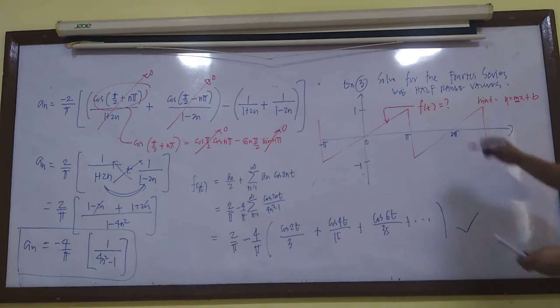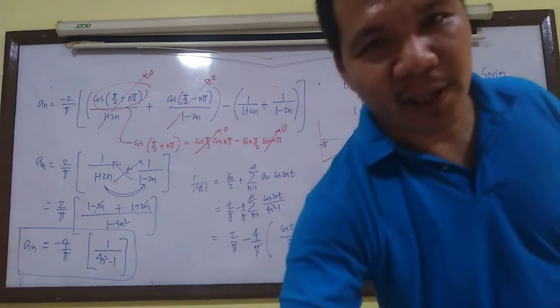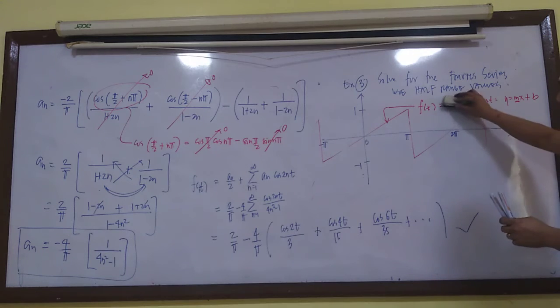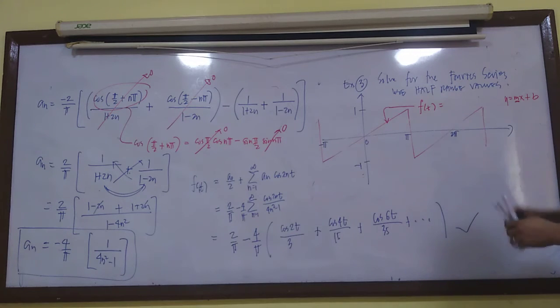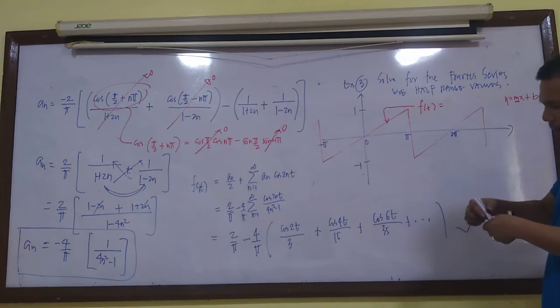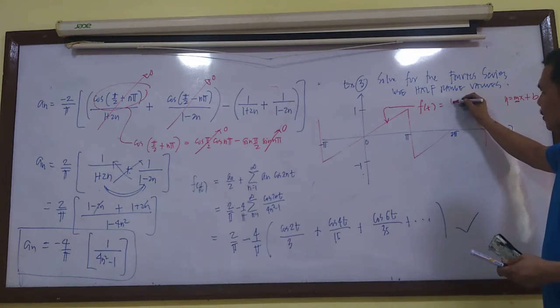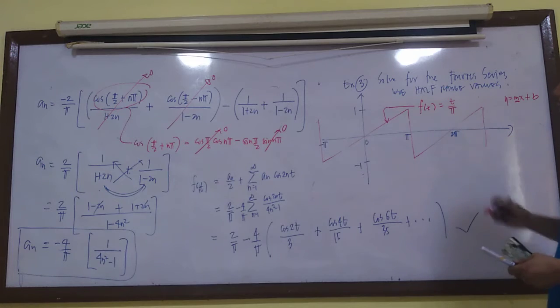So therefore, since this is only a practice, I will just give this data. Your function of t is rise over run. In this case, your rise is 1. Your run is pi. So meaning to say this is t over pi.